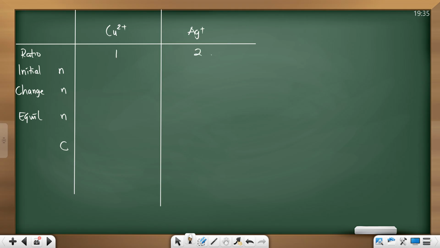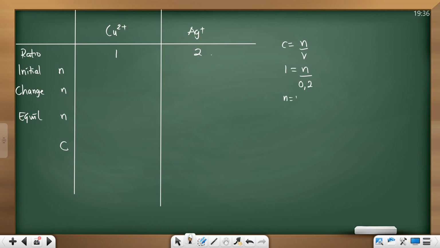1:2. Now, I cannot write number of moles as 1 here, although the concentration was 1. So number of moles or concentration is number of moles over what? Volume. What is my initial concentration? 1. I don't know the number of moles. What's my volume?